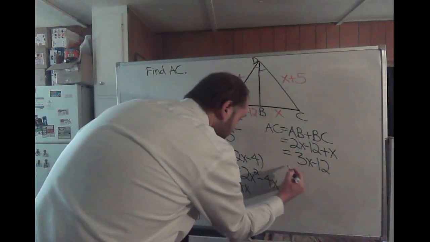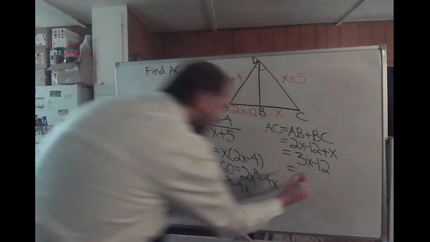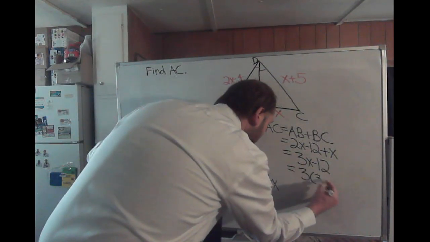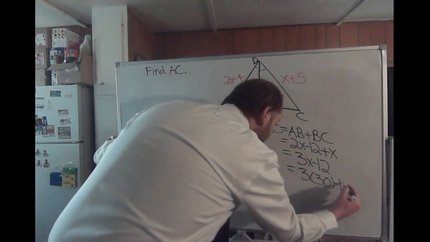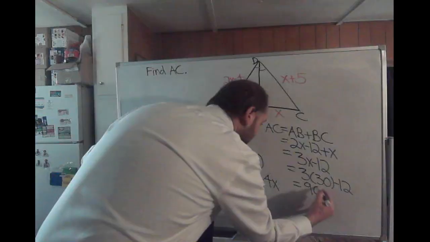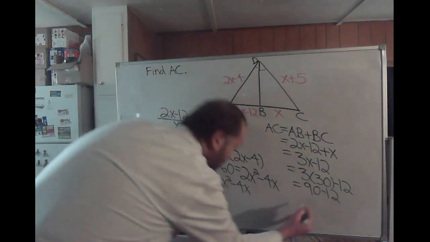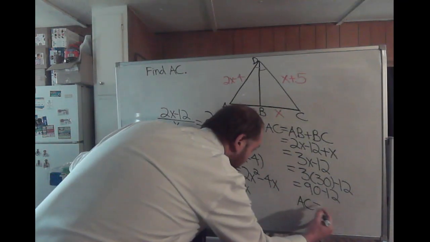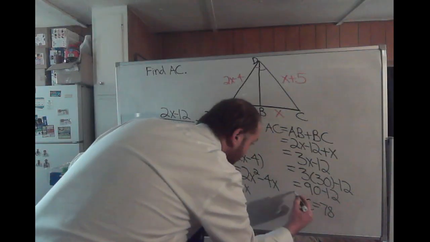So then if you substitute that 30 in for x, you would have 3 times 30 minus 12, which would give you 90 minus 12, which can only mean that AC has a length of 78.